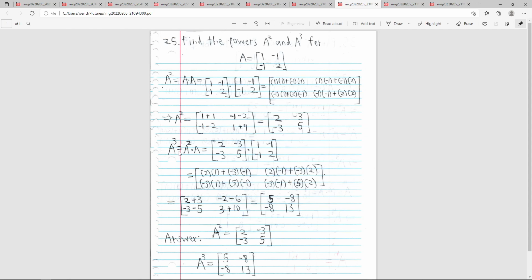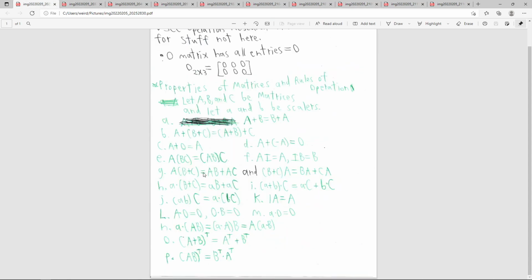So A cubed is equal to A squared times A. And I'm pretty sure there's a property that the order does not matter technically. You could do this in any order. I always prefer just keeping the higher power on the left-hand side anyway.